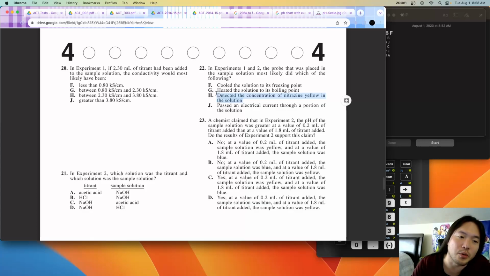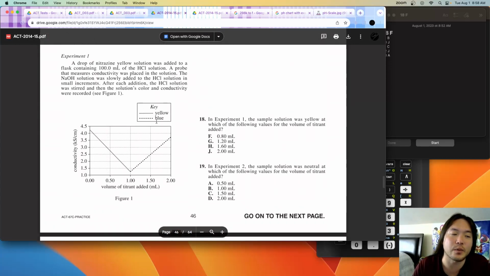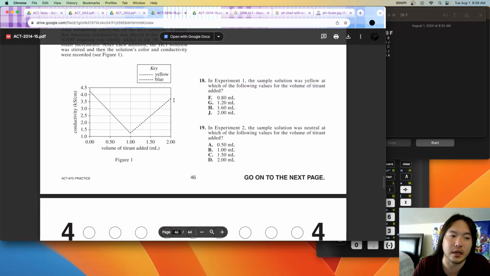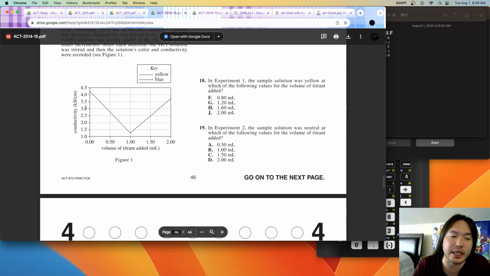The more normal way to measure concentration is to take a small sample, and then you have to titrate things, run some chemical reactions, put something into the solution that changes color, and then you look at the color, which is exactly what we did here, right? So the way that we're indirectly measuring the concentration of the nitrazine is just by looking at the color. And then you just use historic data to get a sense of that.